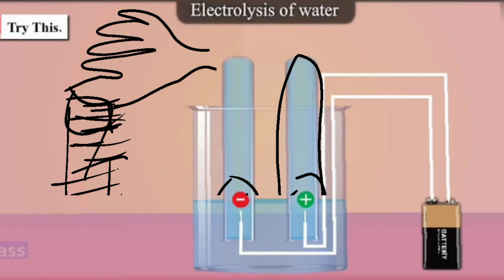Okay, and when the switch is in a closed state, what do you see? That the bulb glows, or sorry, not bulb, here the bulb is not there, but here you will see that slowly the water from both the test tubes is becoming less.